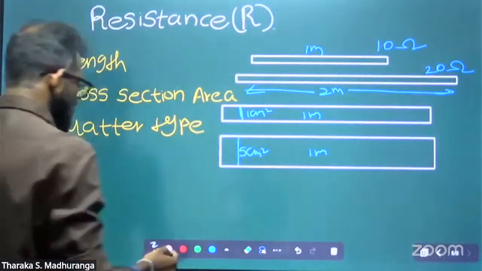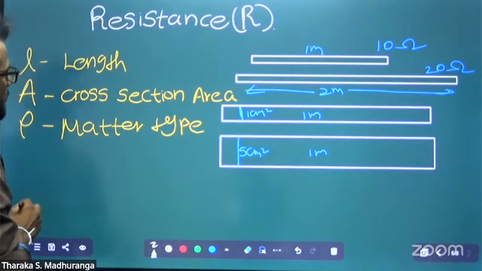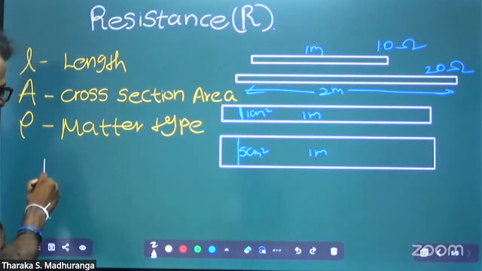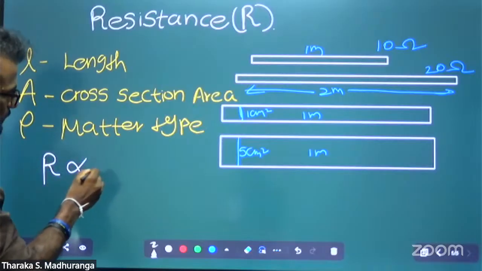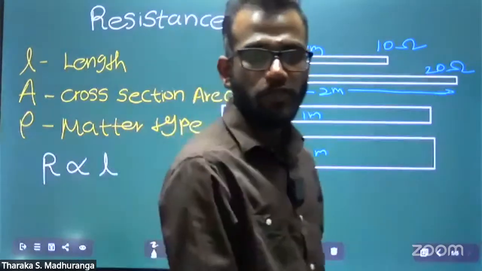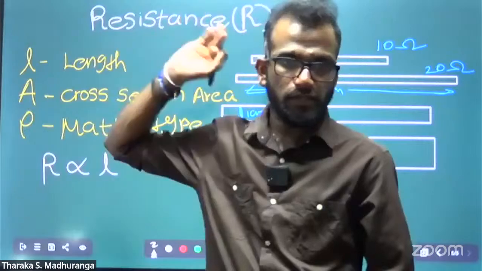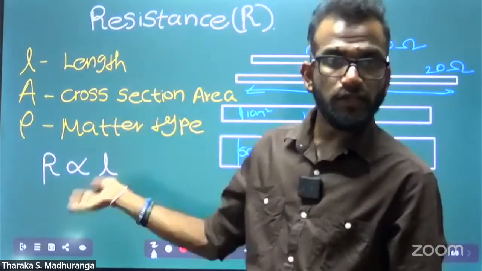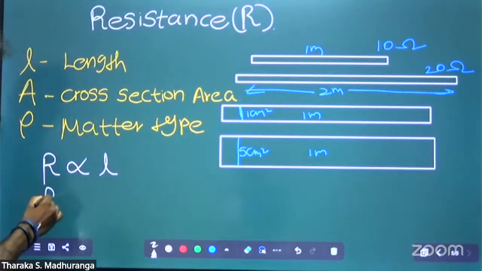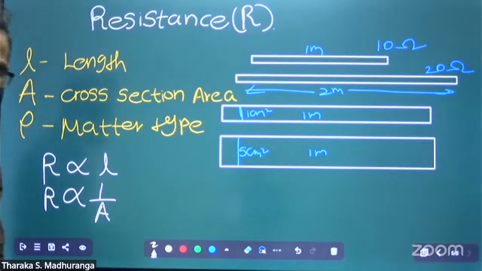Then finally we can decide: R and L have a directly proportional relationship. Length increasing, R increasing. You have to remember. R and A have an inversely proportional relationship.